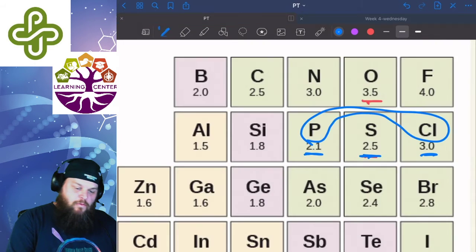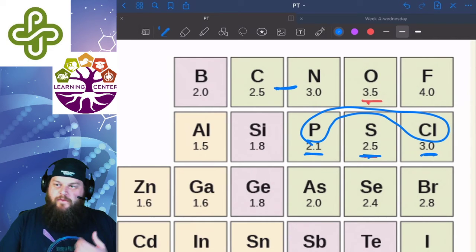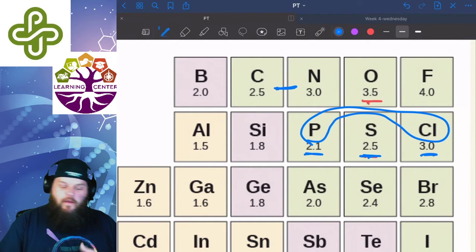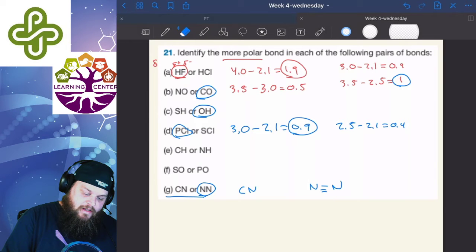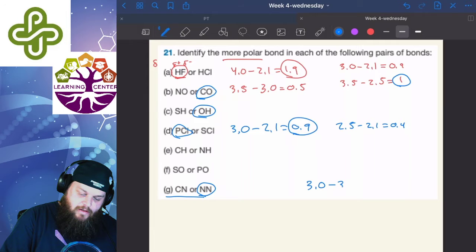And again, they're right next to each other on the periodic table. So you can see 3.0 minus 2.5 is going to be 0.5. But nitrogen bonded to nitrogen is going to be non-polar. There's no polarity there, because when nitrogen bonds to nitrogen, we get an electronegativity difference of 0. We can say it's 3.0 minus 3.0, which is equal to 0.